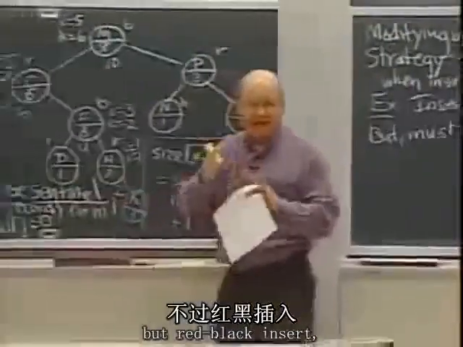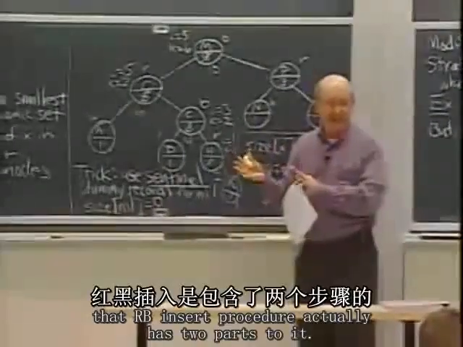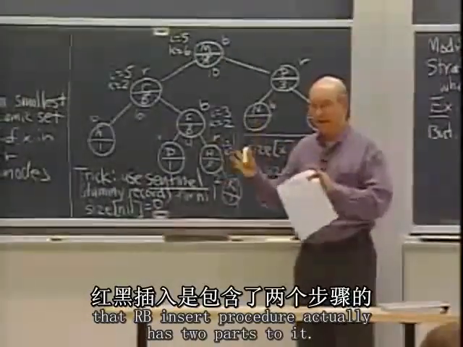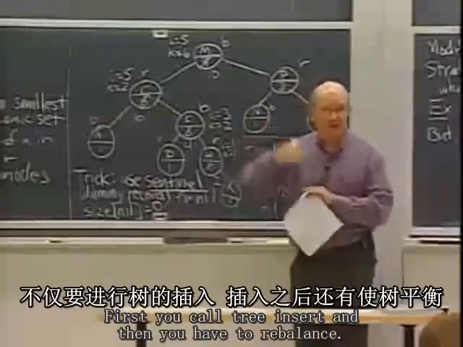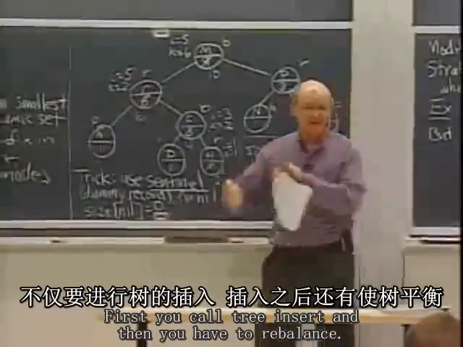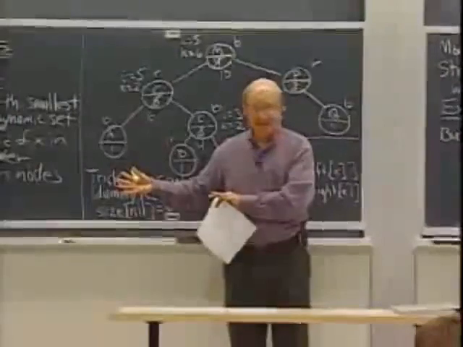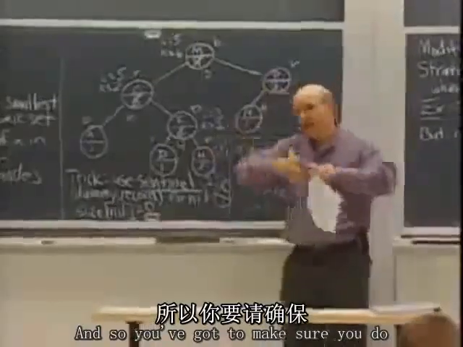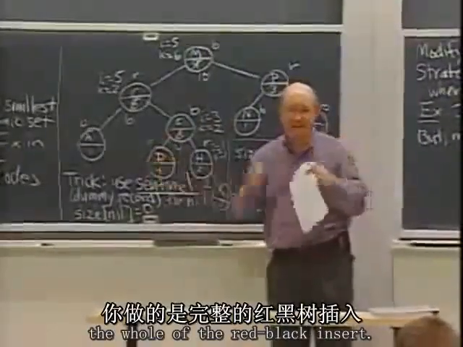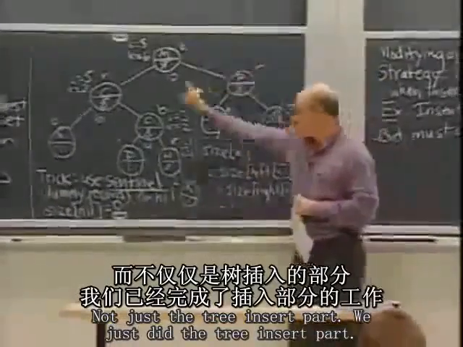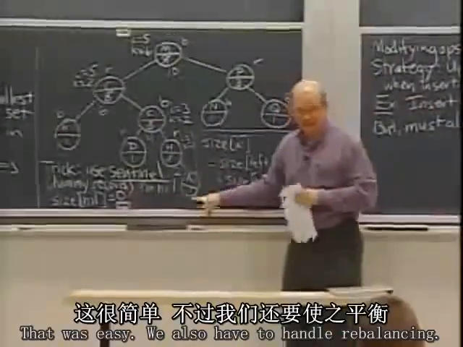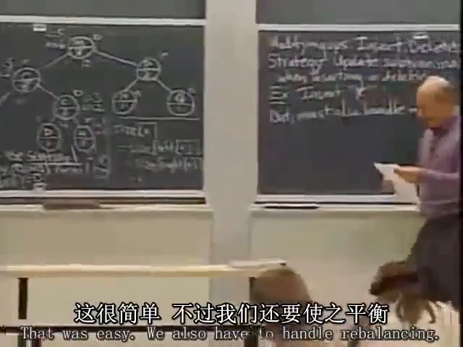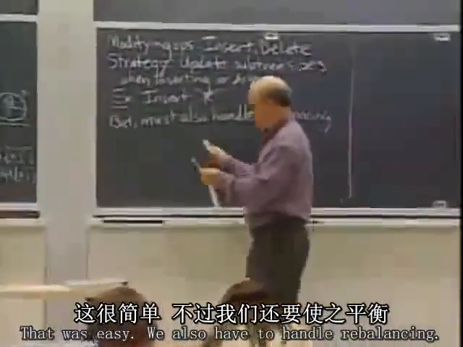But the RB insert procedure actually has 2 parts to it. First you call tree insert, then you have to rebalance. So you got to make sure you do the whole of the red-black insert, not just the tree insert part. We just did the tree insert part. That was easy. But we also have to handle rebalancing.